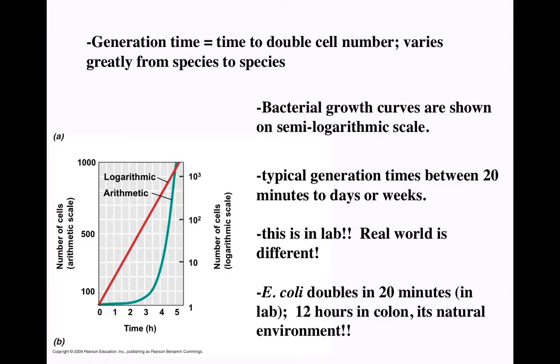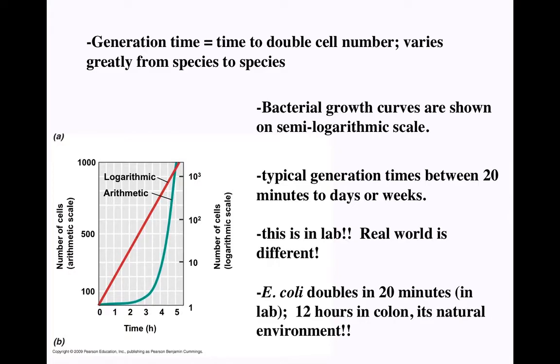Typical generation time for E. coli, for instance, is 20 minutes. But other bacteria can take days or weeks. But this is in the lab, and the lab is certainly not the real world. So it's kind of unfortunate that we do most of our experiments on bacteria in the laboratory, because it's oftentimes not reflective. E. coli points this out very well.